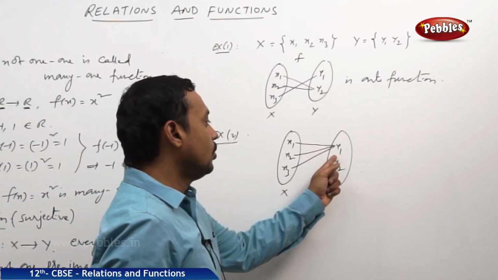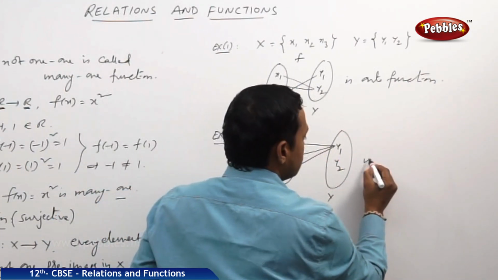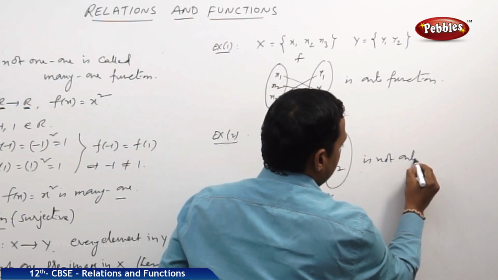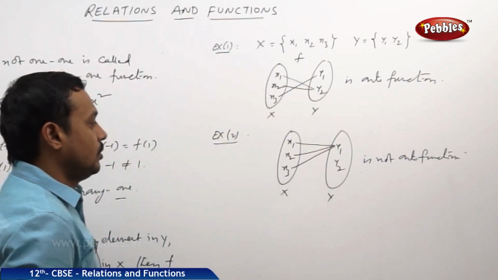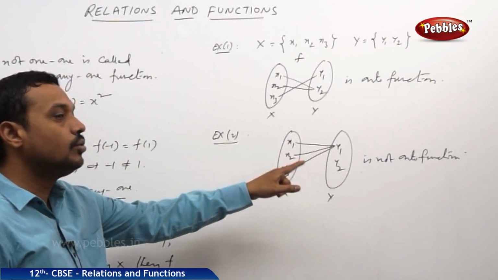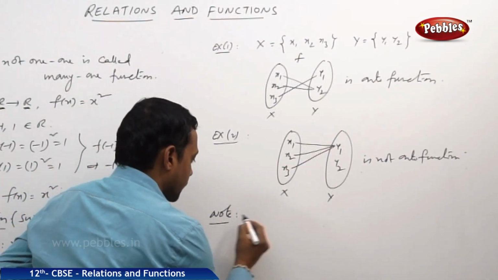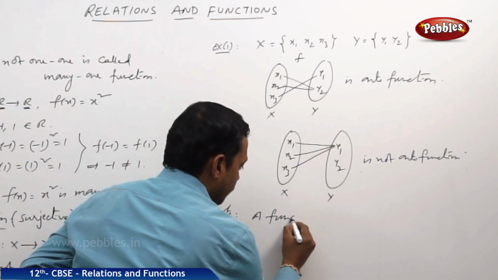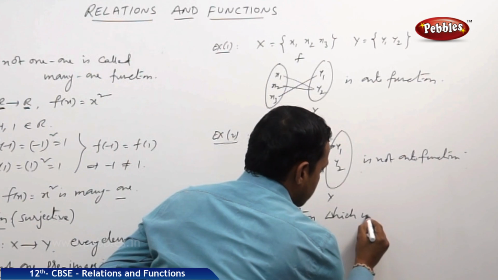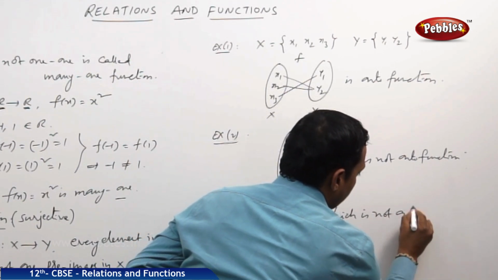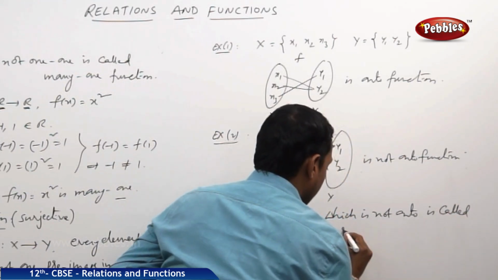Because y2 does not have any pre-image, so it is not an onto function. A function which is not onto is called an into function.